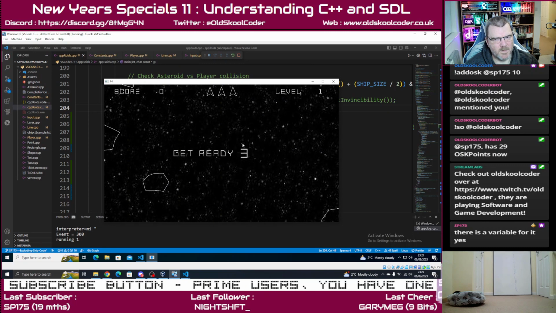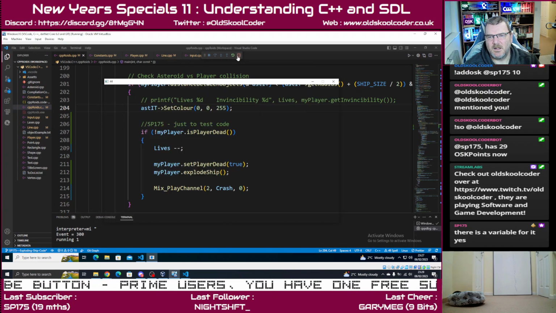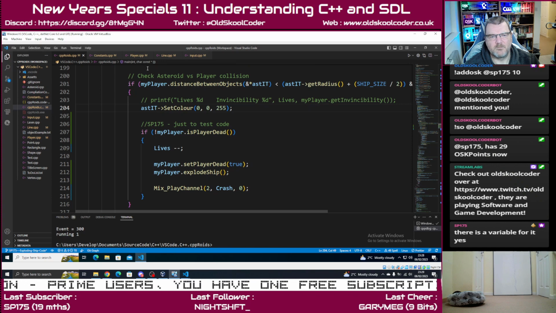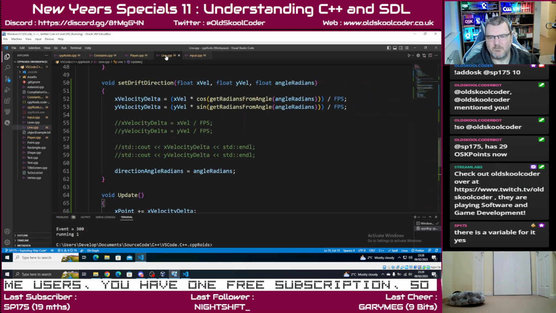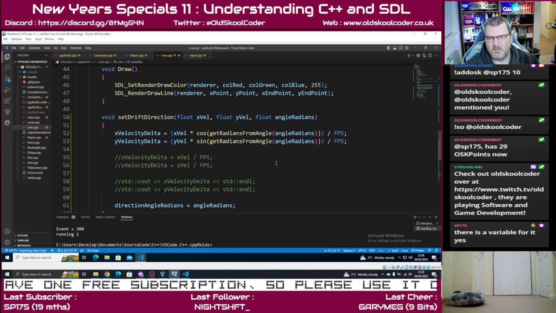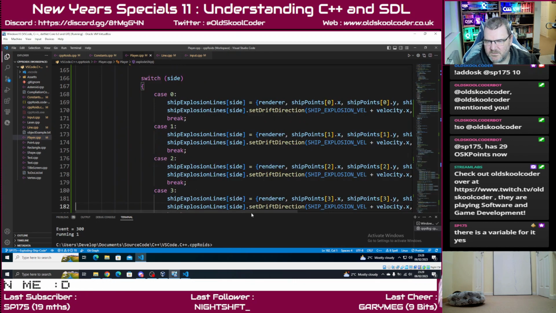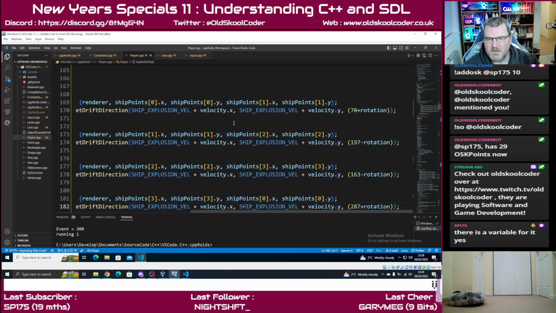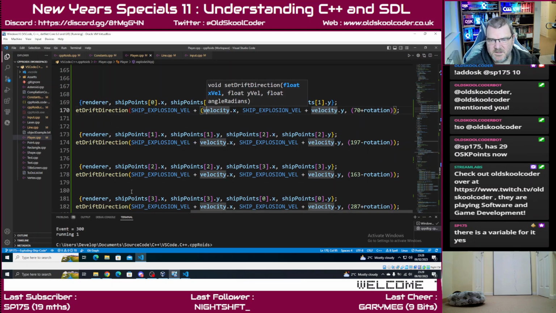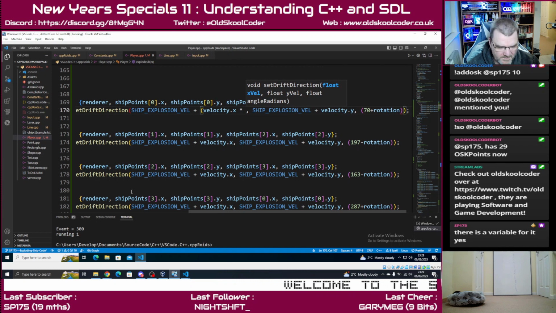What am I missing? Oh, right, okay. I've just thought, this is the velocity per frame, isn't it?